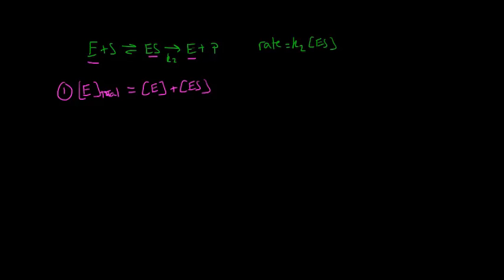So the total enzyme concentration is equal to the sum of all the different forms that are present, and in this mechanism, we only have free enzyme or the enzyme-substrate complex.